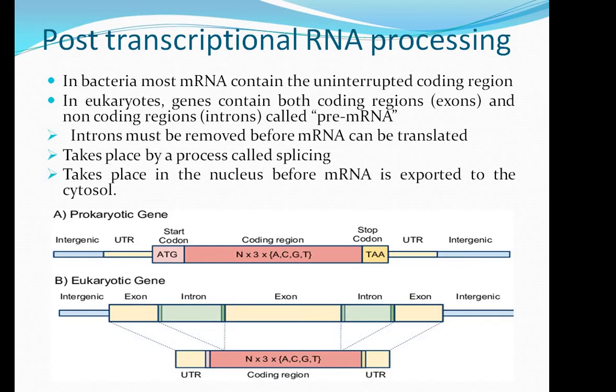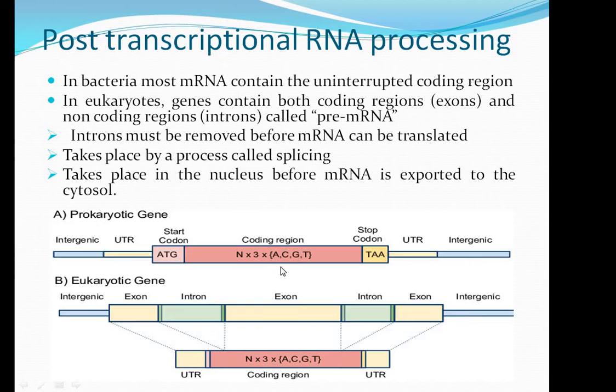That means they have an uninterrupted coding region. In bacteria, most mRNA contains an uninterrupted coding region. So this is the prokaryotic gene, like a bacterial gene. Here, this is a continuous coding region without any interruption.